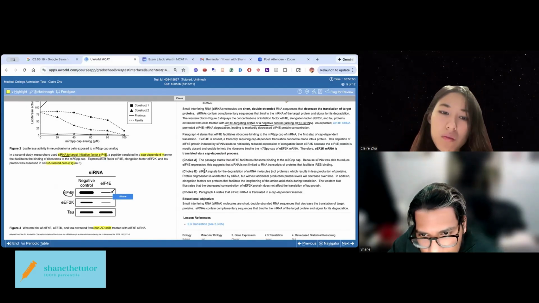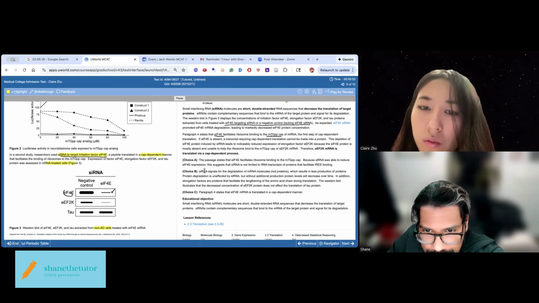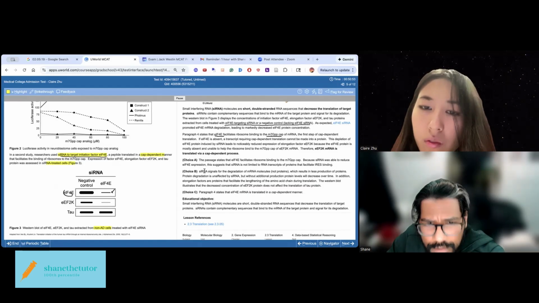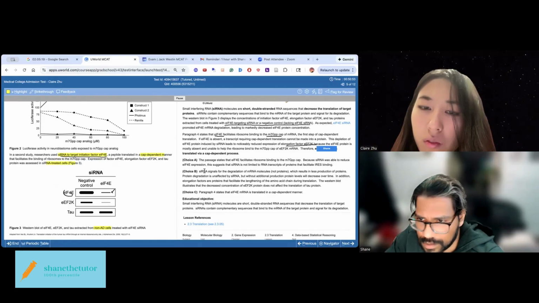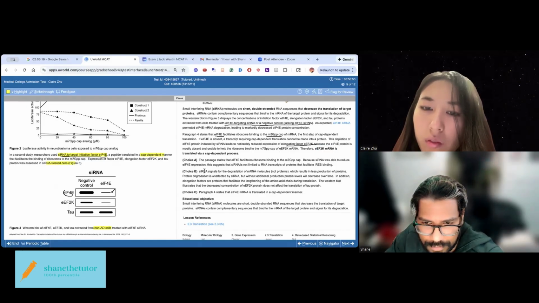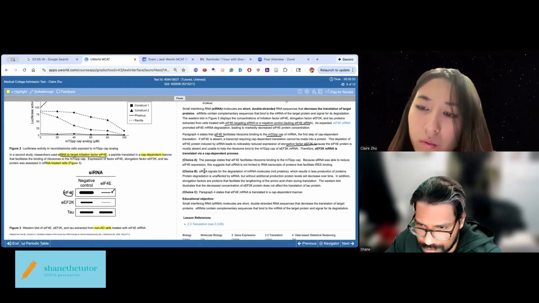And then they talked about how this binds to the cap, first step, but if this is absent, it cannot be made into a protein. Induced by siRNA leads to noticeably reduced expression of the elongation factor because it's mostly absent, unable to bind to the cap dependent process. Okay.